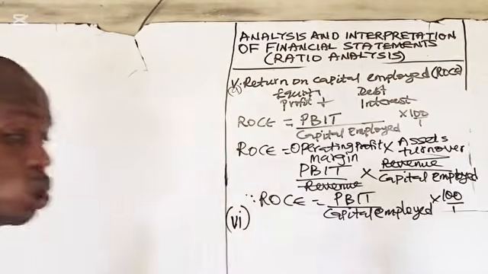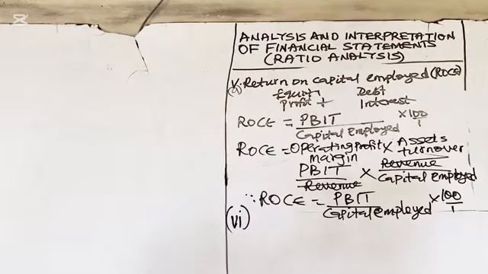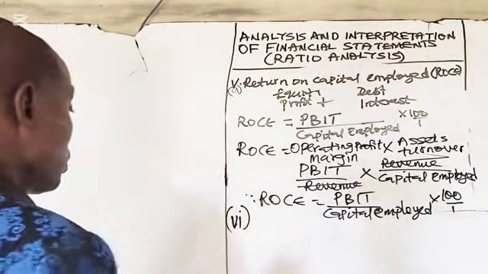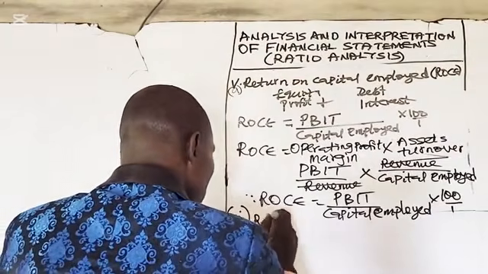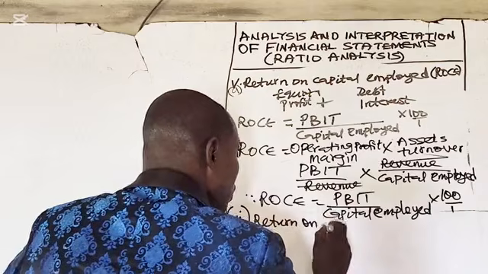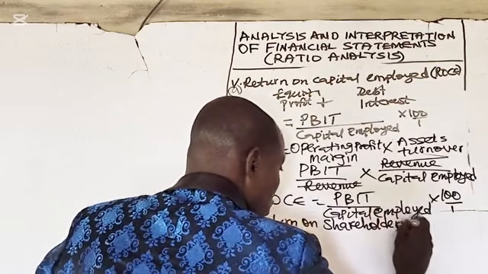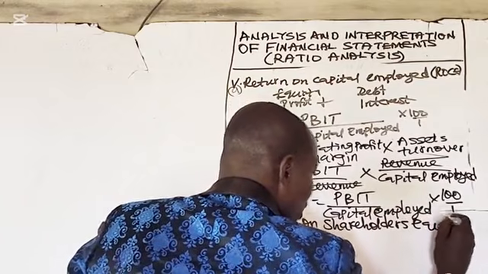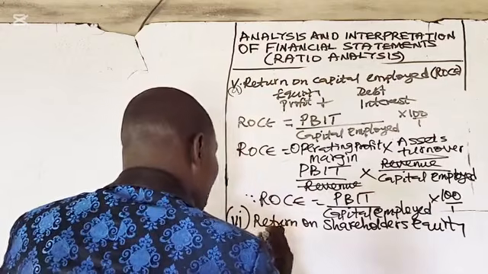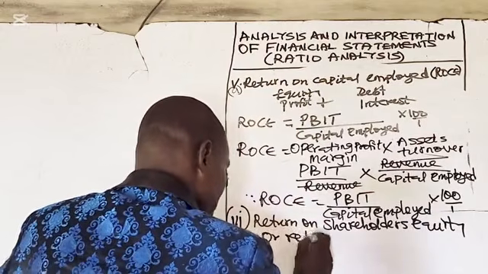The number 6 ratio I will examine is return on shareholders' equity. Some might say return on equity.